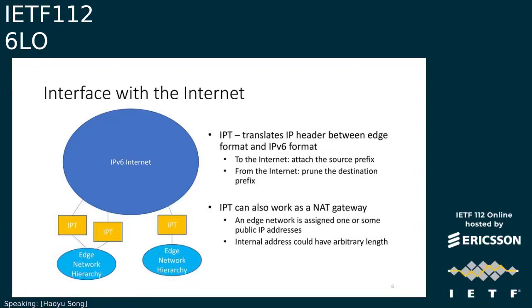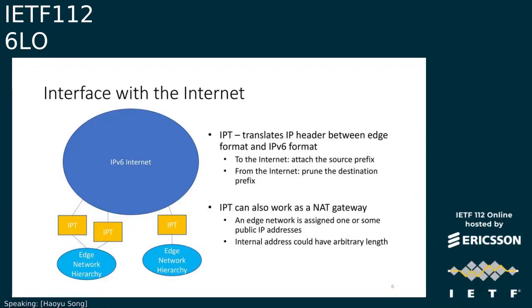Basically, this is an address scheme for how we can truncate or use only the necessary part of the IP address. We have a way to incrementally deploy it in the current IPv6 network, because it only affects part of the edge network.